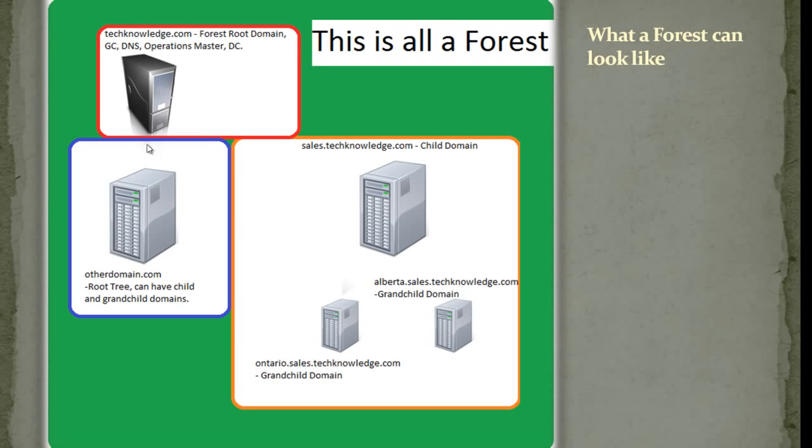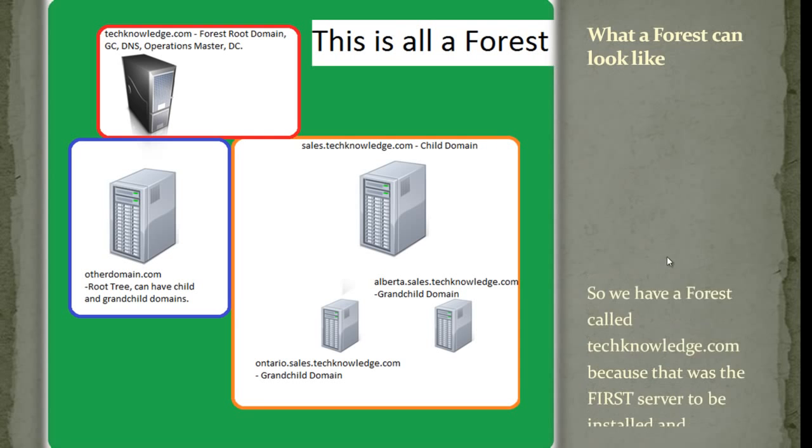So these two are together, but because this one joins that one, that doesn't make it a forest root. It's just a root tree, and it can have child and grandchild domains just like this one can. But there's a trust relationship between them, so that anybody in otherdomain.com can access all the resources in technology.com.